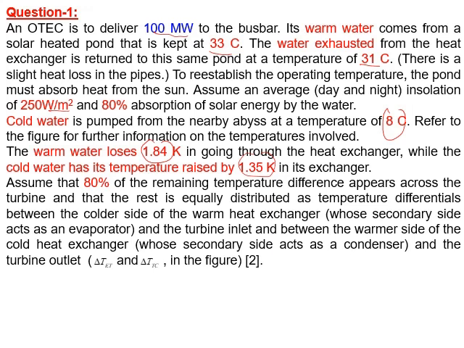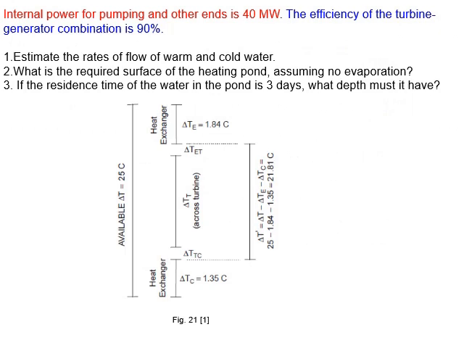Okay, 80% of the remaining temperature difference appears across the turbine, and the rest is equally distributed as temperature differentials between the colder side of the warm heat exchanger and the turbine inlet, and between the warmer side of the cold heat exchanger. Okay. Now what he wants me to do is design it and find these variables, the warm and the cold heat exchanger water flow rates.